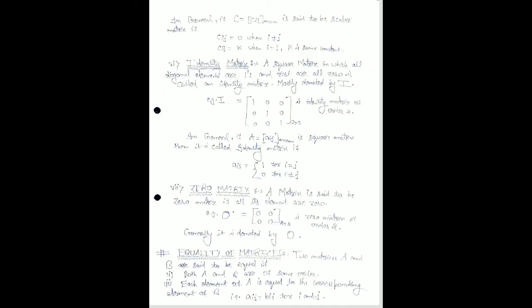Our next type is identity matrix. A square matrix in which all diagonal elements are 1 and the rest are all 0 is called an identity matrix. Mostly it is denoted by I. Here we have taken an identity matrix of order 3.